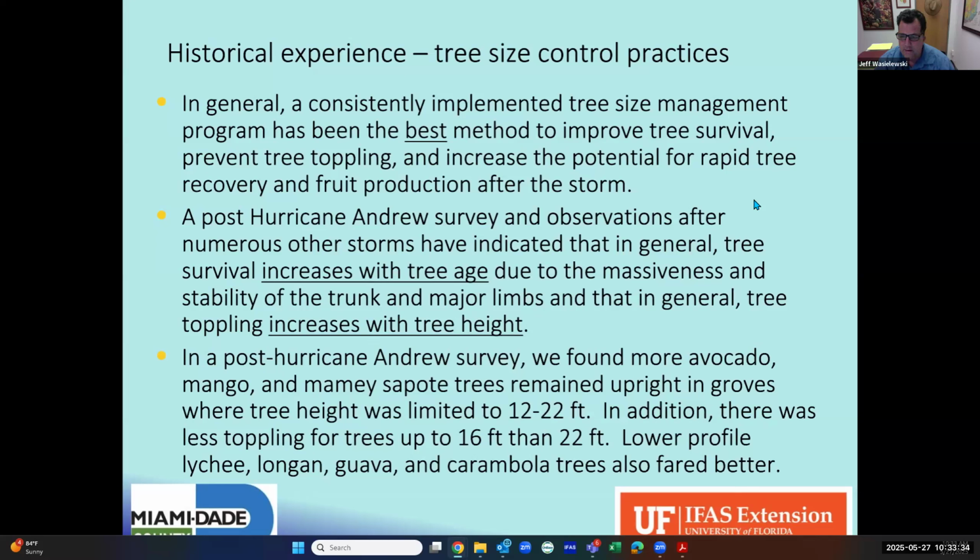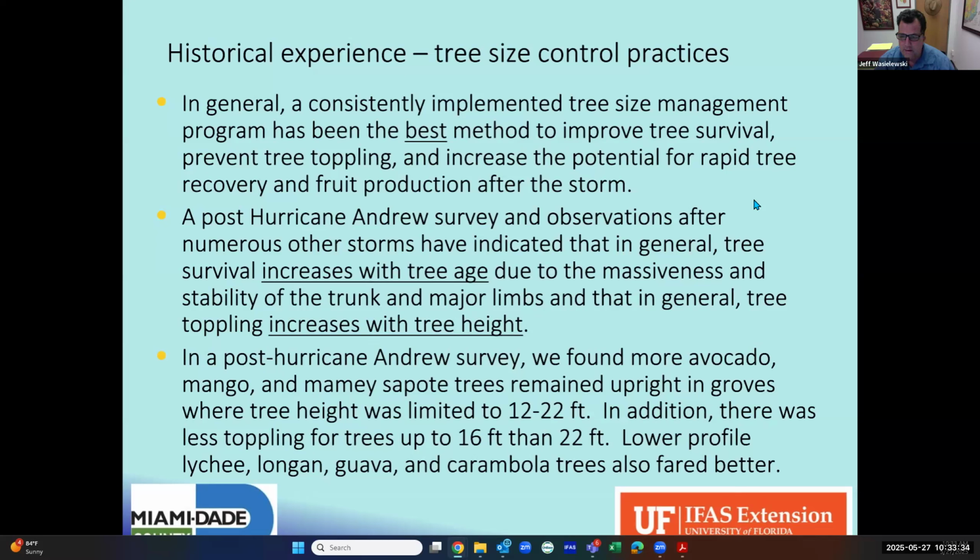You're going to prevent the trees from toppling over, and you're also going to enhance the potential for the tree to rapidly recover after a significant storm. So after Hurricane Andrew, we did extensive surveys of rating different types of tropical fruits, how big they were, how tall they were before the storm, and then how many fell over, how many got pulled out of the ground, how many were totally destroyed.